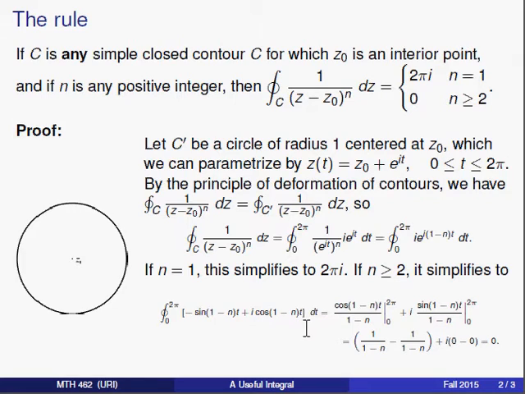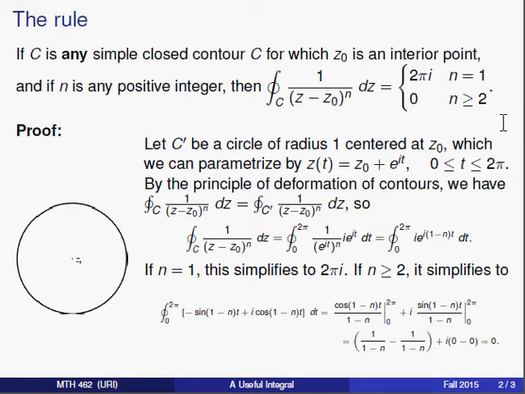Then taking the antiderivatives of these functions and evaluating at the endpoints, we'll see that the cosine integral turns out to be 0 because the two endpoints evaluate to the same thing. And then the sine integral is equal to 0 because both endpoints end up evaluating to 0 as well. So the contribution is 0 for this integral, and that was true no matter what n was, as long as it wasn't equal to 1.